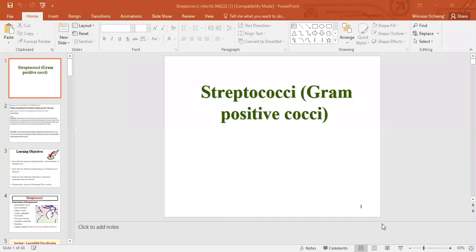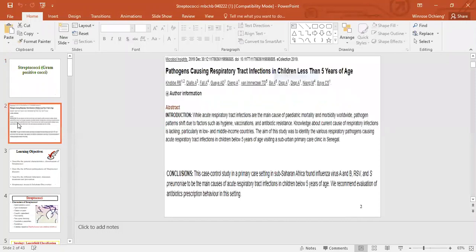The genus streptococci is a very important genus medically. We have general characteristics of these. They are pathogens that cause a lot of infections, and so you'll be sent these notes and you'll go through.